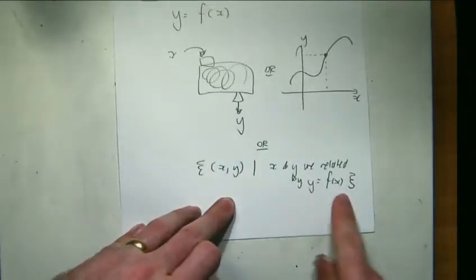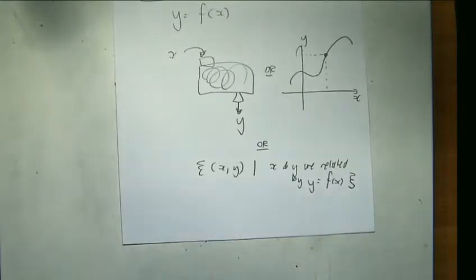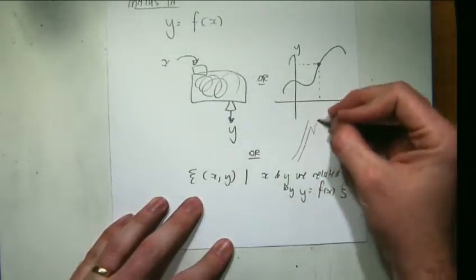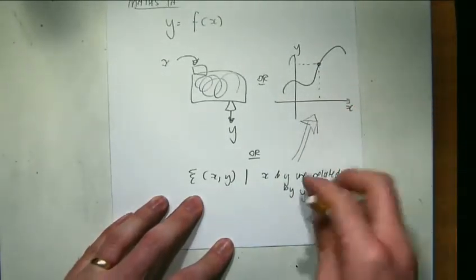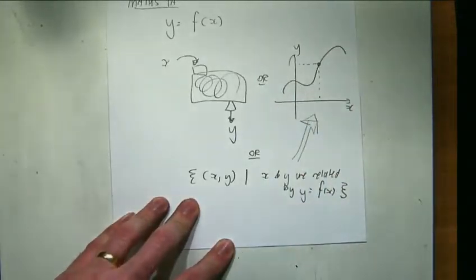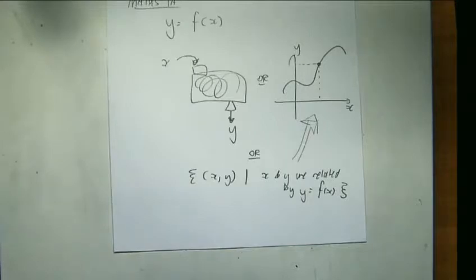You only create this formula from knowing which points on the diagram are related to each other. So you can get this picture and colour in all the points that are related to each other. You say, it's related according to this rule, colour in those points and, oh my goodness, that's the graph of y equals f of x. Wow! That's the concept behind it.